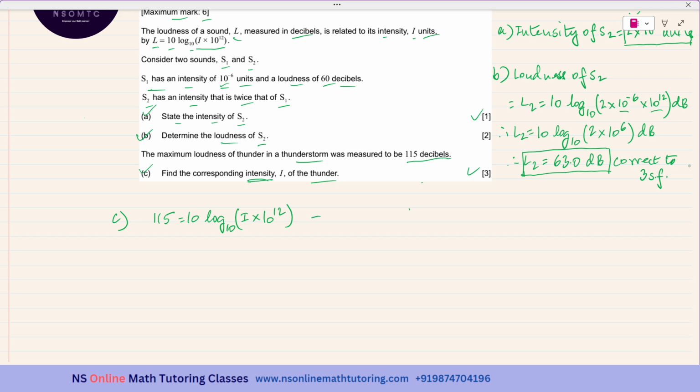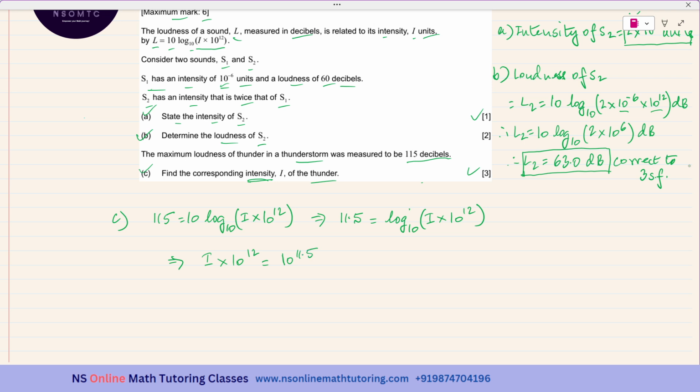So this implies if I divide both sides by 10, I get 11.5 equal to log to the base 10 of I times 10 to the power of 12. Converting it to an exponential equation, we get I times 10 to the power of 12 is equal to 10 to the power of 11.5.